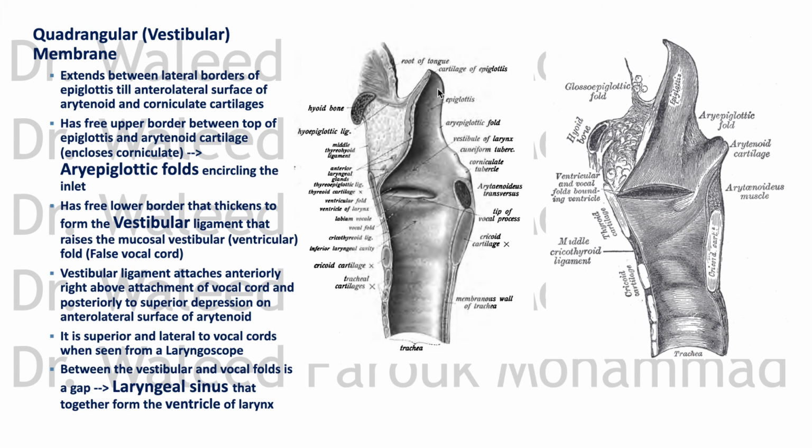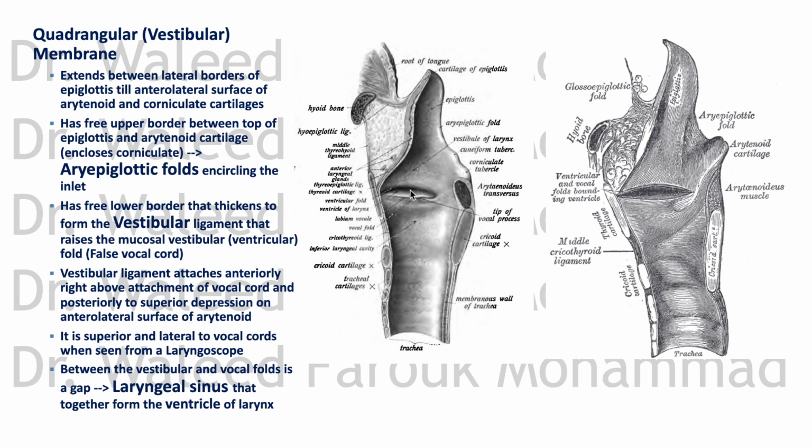Okay? So remember the things unique about the vestibular membrane. It guards actually the laryngeal inlet by its aryepiglottic margin. The margin encloses the two cartilages. It has an upper free border and lower free border and attaches anteriorly to the sides of the epiglottis and the back of the thyroid, the lower margin, posterior to the arytenoid cartilage to form a false vocal cord. Now, because of this way of attachment, the false vocal cord is not directly above the true vocal fold.